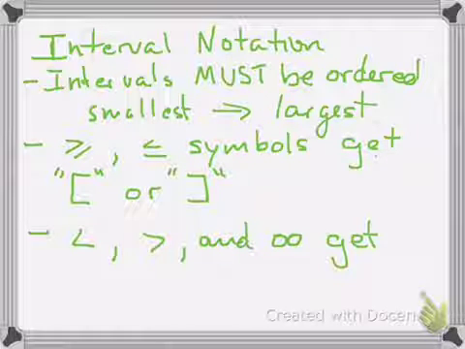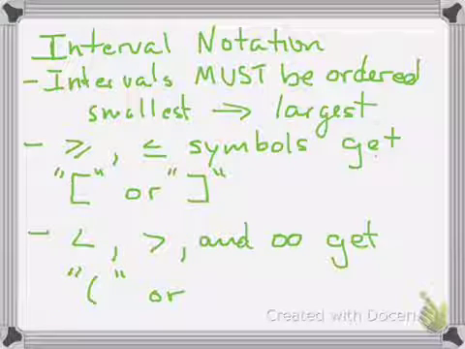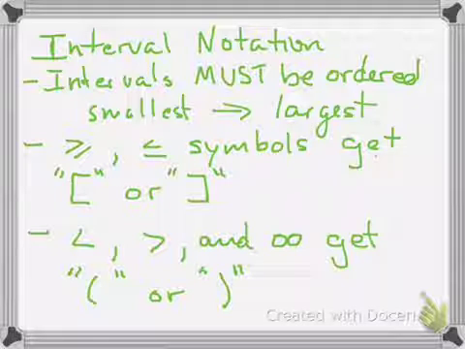Write an 8, the lazy 8, always just two little zeros beside each other. These get either parentheses this way or parentheses this way, and we'll talk about what that means in just a second. That's all the rules for interval notation.